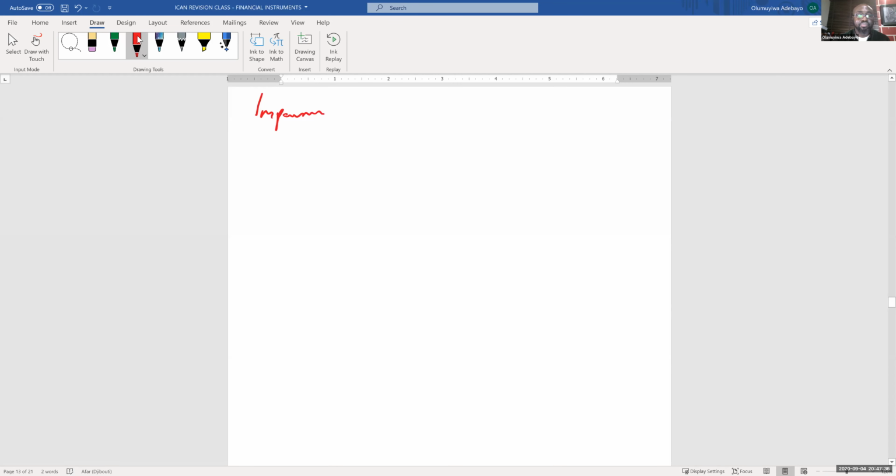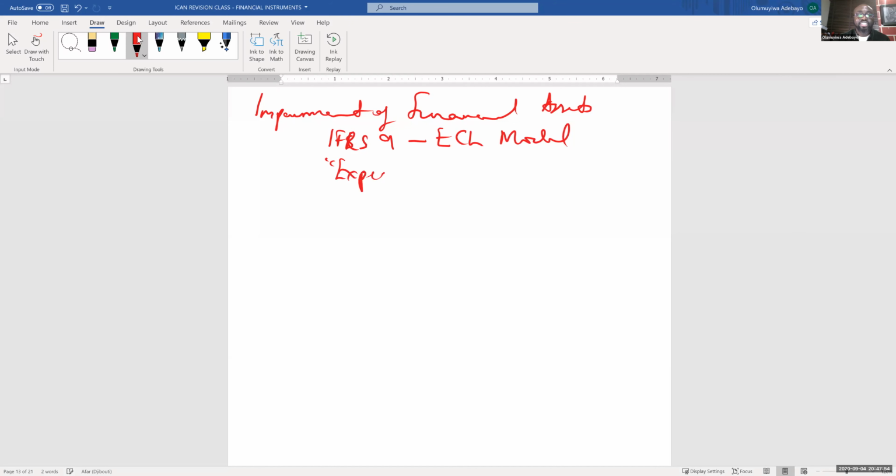Impairment of financial assets. IFRS 9, ECL model, otherwise known as expected credit loss.